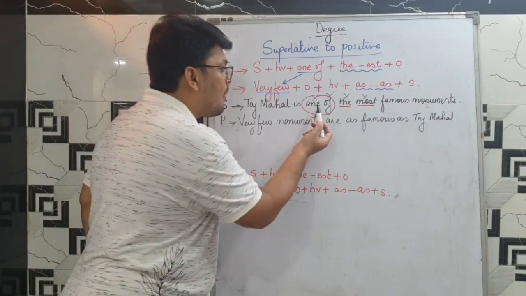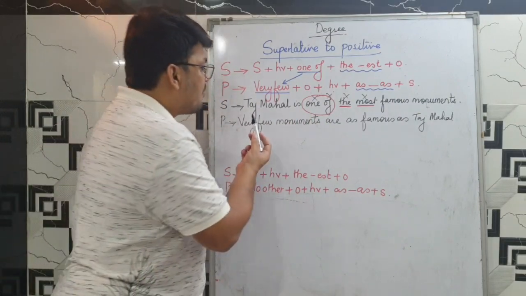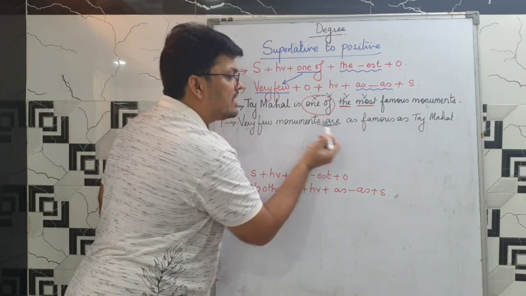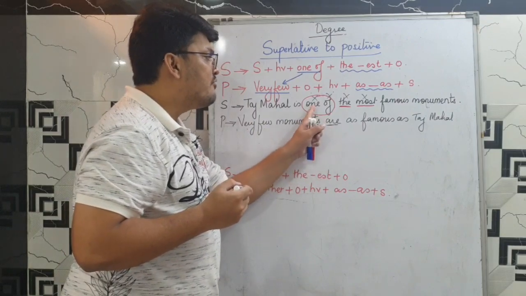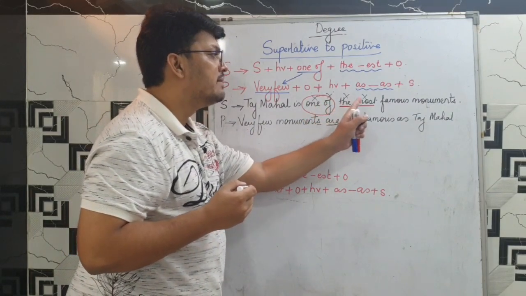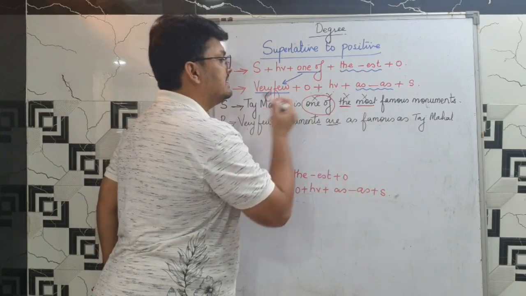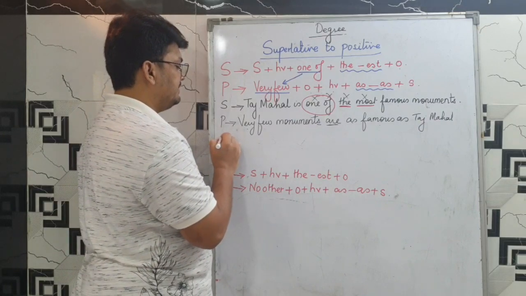So as I saw one of here, I started positive degree with very few, with my object monument. This is plural, that is why I used are. So very few monuments are. Remove one, remove of, remove the, remove most, and turn famous into as famous as, and then Taj Mahal will come over here. Okay, let's take one more example.